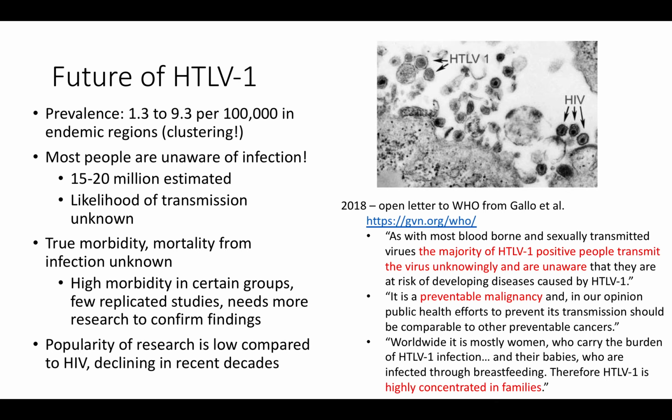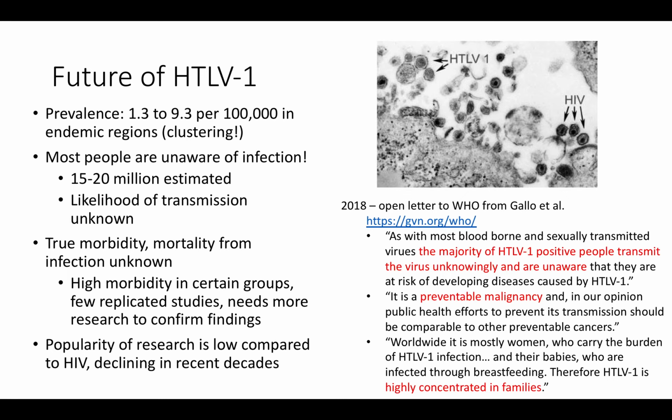But because of this, I want to finish this presentation by examining the future of HTLV1 as of 2019, because most people in 2019 are still unaware of infection, and honestly, if you talk to most people, they've never heard of HTLV1. They've heard of HIV because it's garnered a lot of publicity, social support across the whole world, but most people are still unaware of HTLV1.